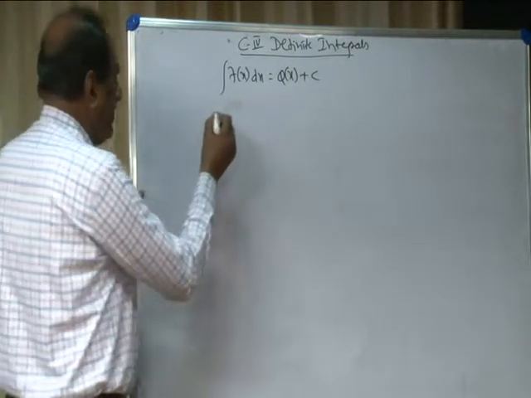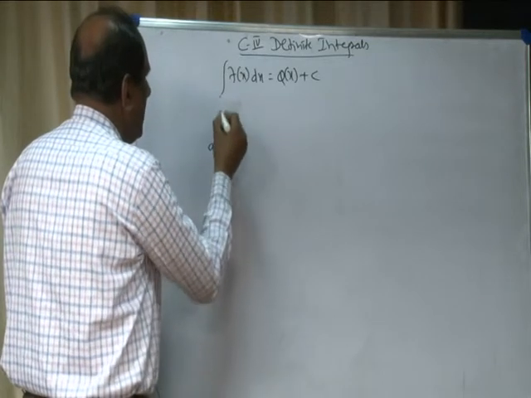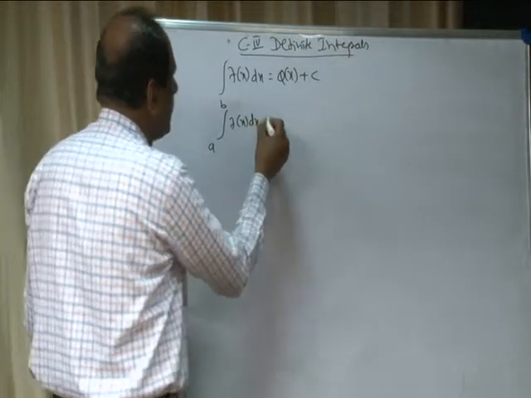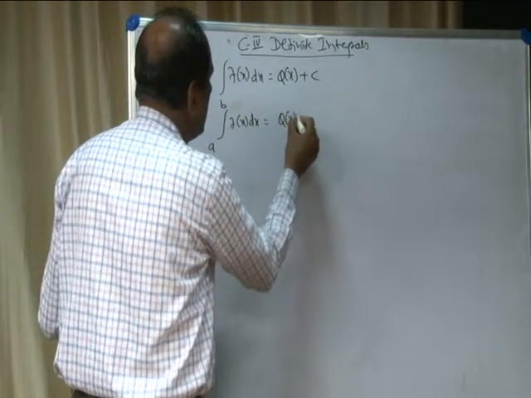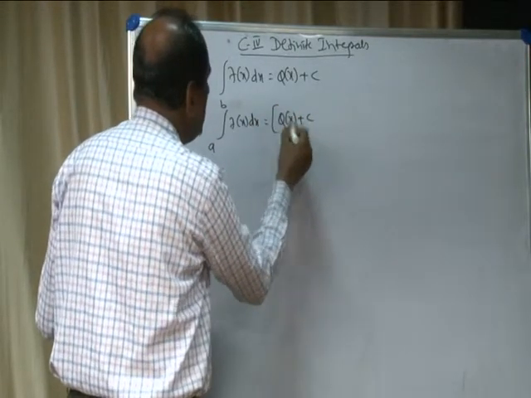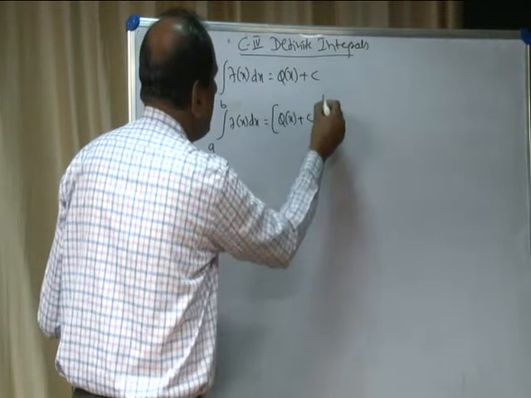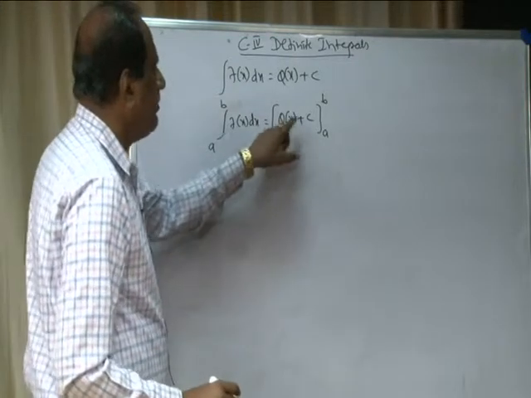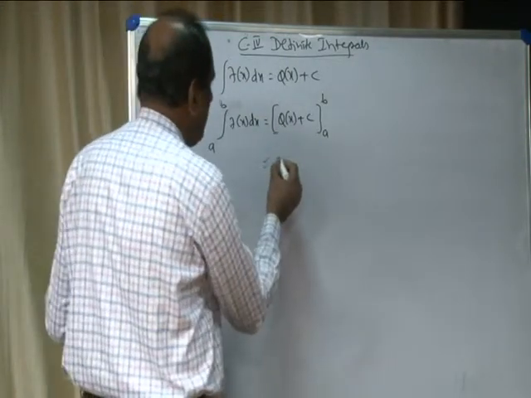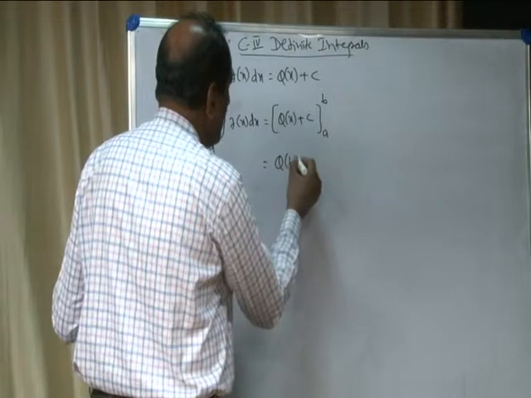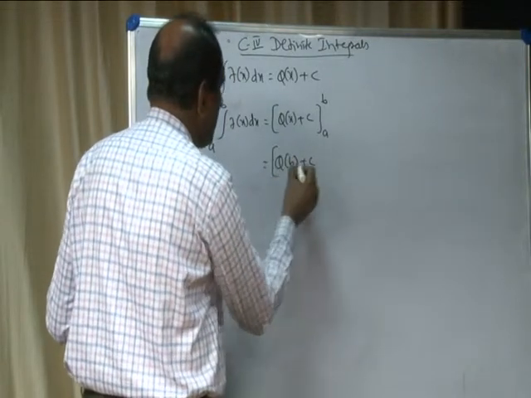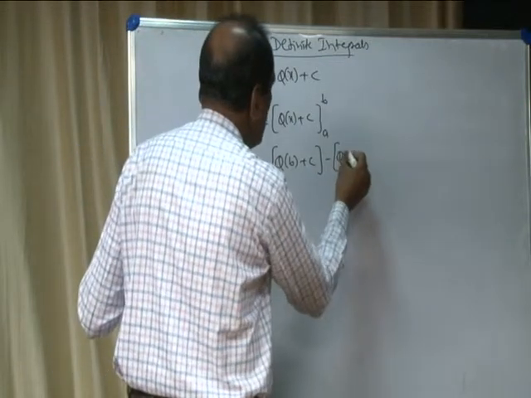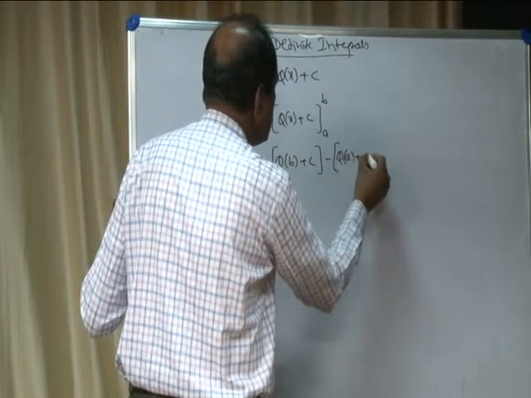Then we define integral from a to b of f of x dx is equal to Q of x plus c between the limits a and b. Now, apply the upper limit. How to apply the upper limit? Put x is equal to b. Upper limit: Q of b plus c, minus lower limit: Q of a plus c.